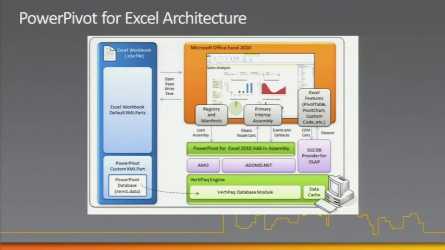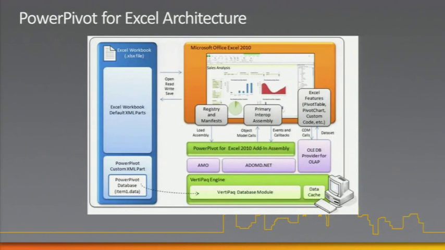And it used a data provider, and then it had some kind of external data source. What Microsoft did, the way they architected this, is said, let's just go ahead and continue to use that architecture, except we're going to have this VertiPaq OLAP engine that it's going to connect to.